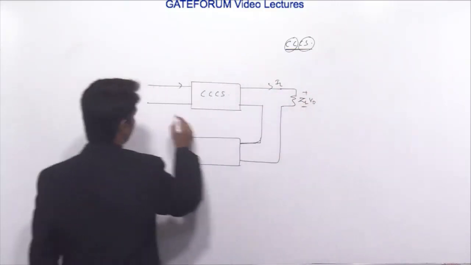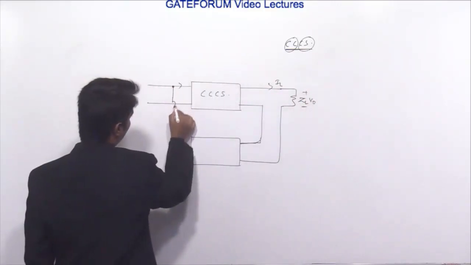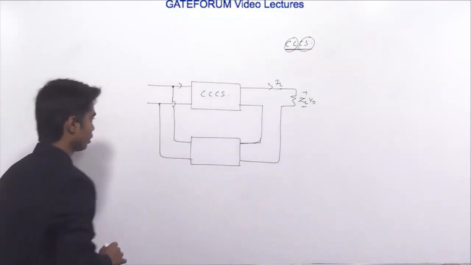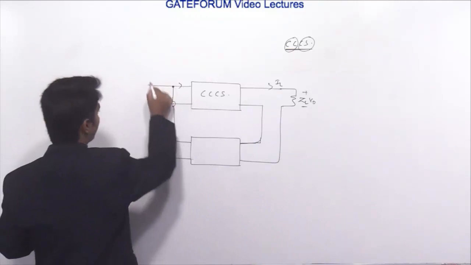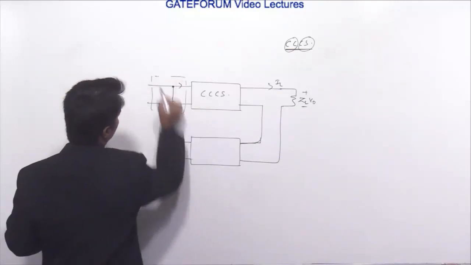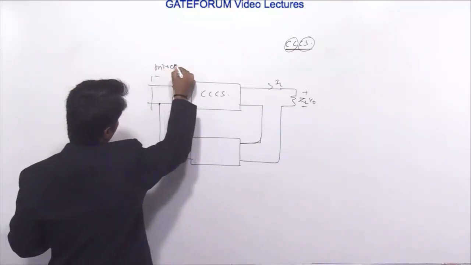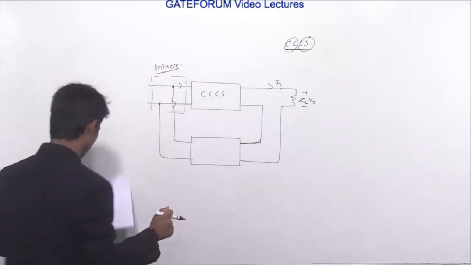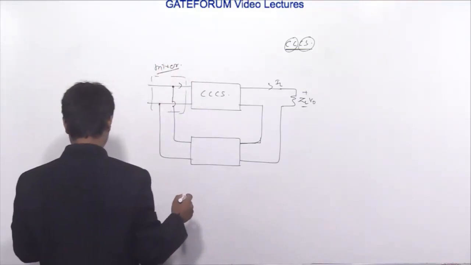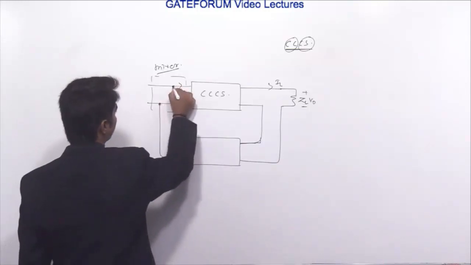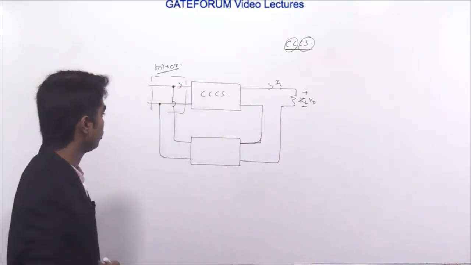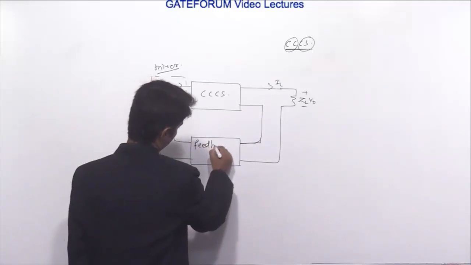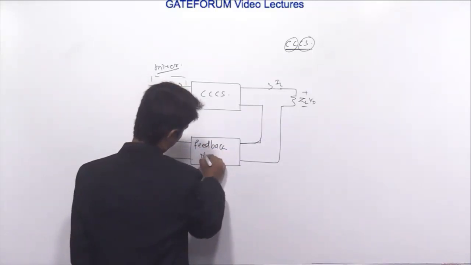Now see, current is always added in parallel, because at the input there is a mixer, and current is mixed, meaning added or subtracted, in parallel or in shunt. This will be the connection. And I told you in the lectures, it's a feedback network.